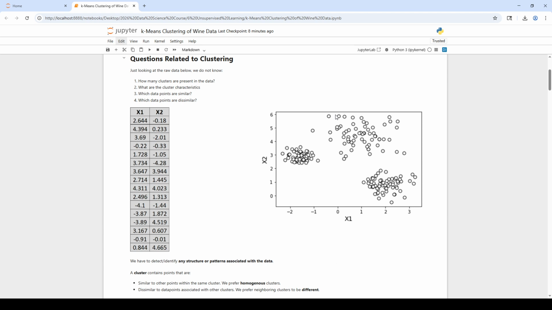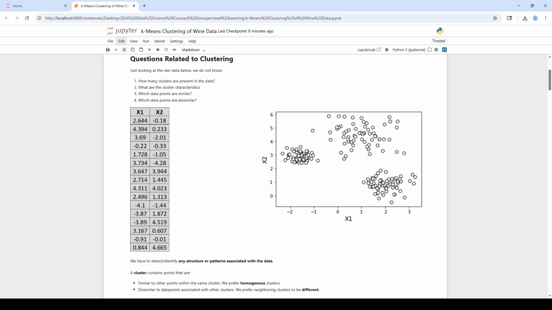This is easy to do when you have two dimensions, but if you have multiple dimensions, then this can be challenging. When I say multiple dimensions, I'm talking about more than 3 dimensions, something that you can't plot.